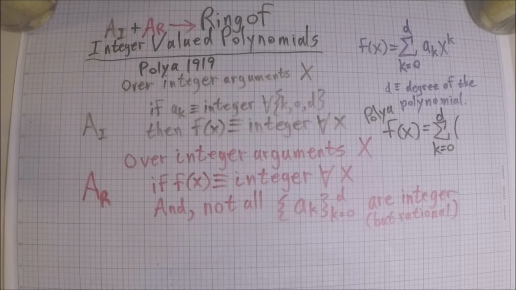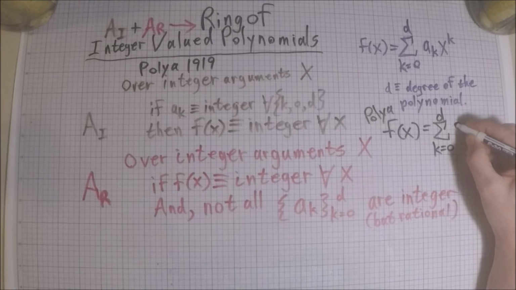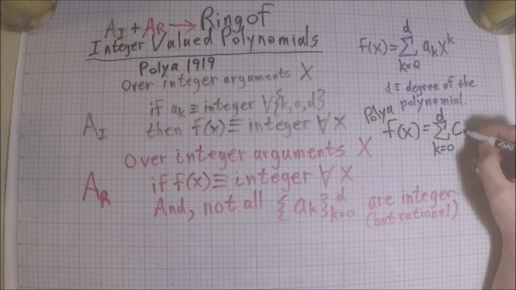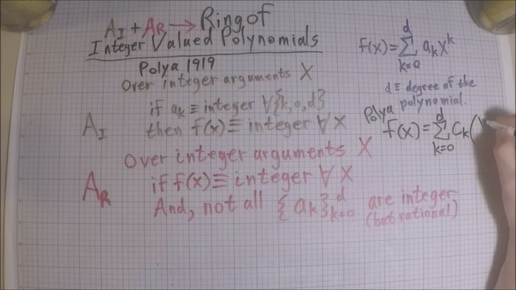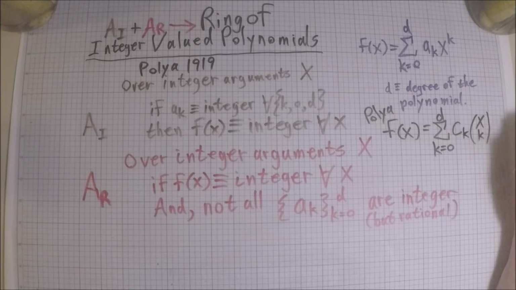Polya is famously credited with showing that any given integer valued polynomial may be expressed as a linear combination of binomial coefficients x choose k, where k runs from 0 to d, in exactly one way.